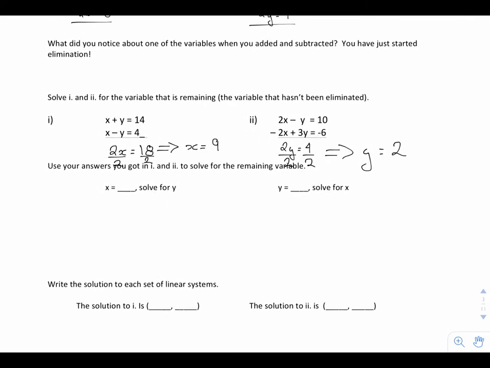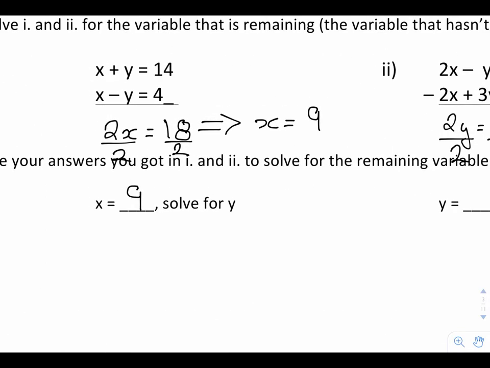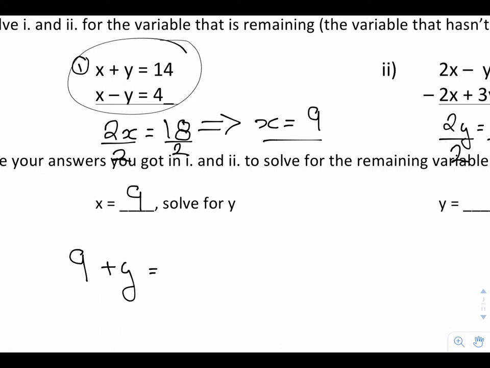So the answers we got in 1 and 2 we used to solve for the remaining variable. In the first one, we had x equals 9. If I want to solve for y, I plug that value for x into any one of the original two equations. So in this case, let me pick the first one. I'm going to replace x with 9, so 9 plus y equals 14.